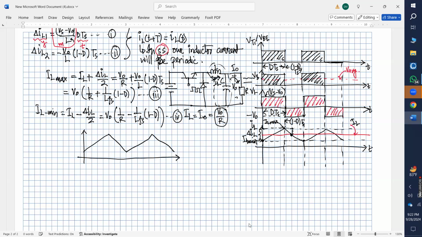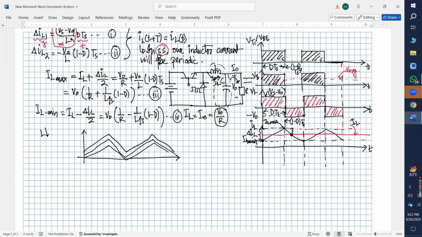But if you decrease the value of the inductance, what will happen to the inductor current? The current will go downwards. Again, if you decrease the value of the inductance, it will go more downwards.